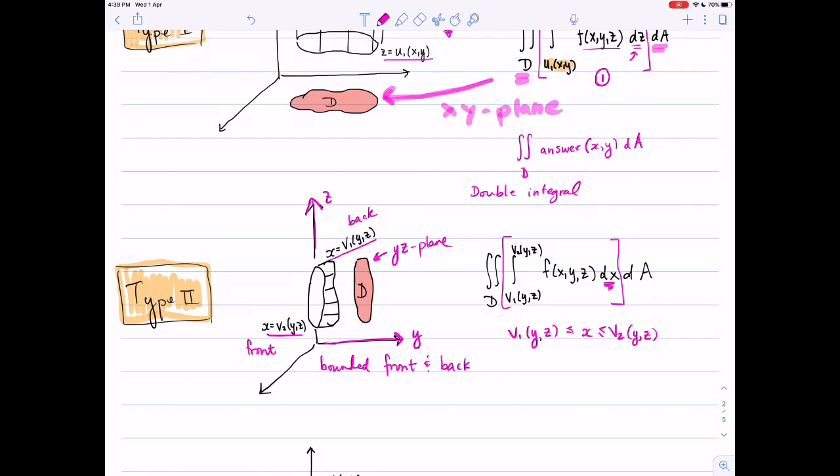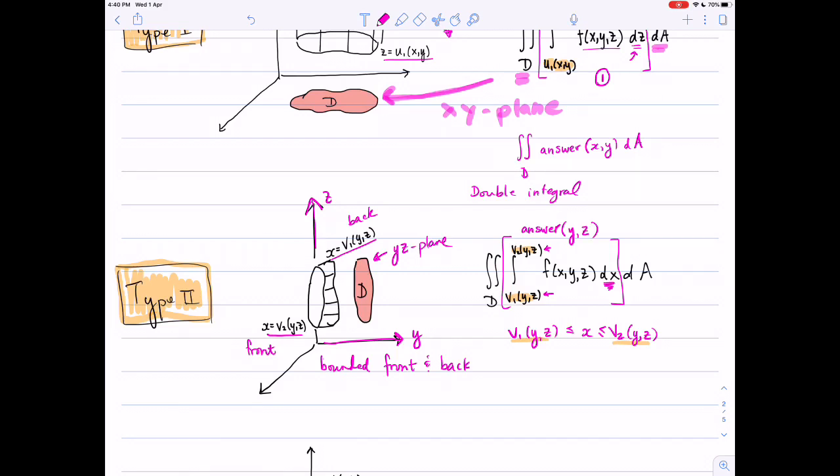So x is going from v1 to v2. That inner integral is going to give you an answer, and your answer is going to have no more x in it, because the x will have disappeared when you do FTC2. You're going to plug in x equal to v2 and x equal to v1, which means you're going to have an answer now in terms of y and z.